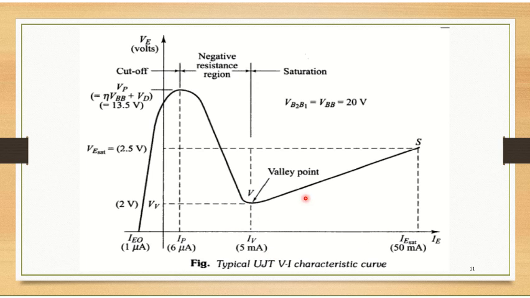For such a characteristic, the saturation emitter current will be around 50 milliamps, and VBB is 20 volts here. So this is a typical VI characteristic curve with approximate values. This is the saturation voltage at which the current reaches saturation. Go through all the points in the presentation.